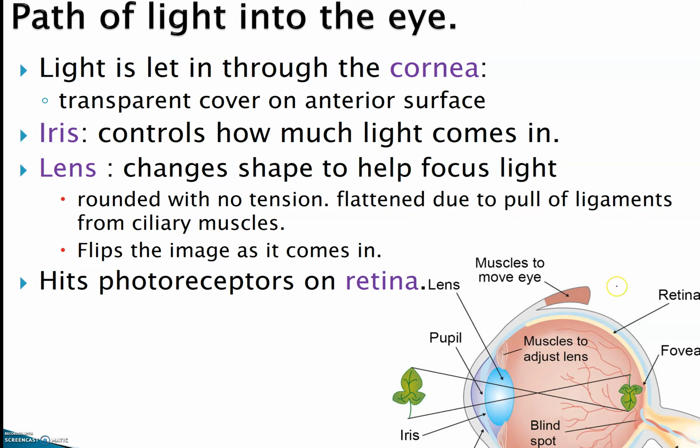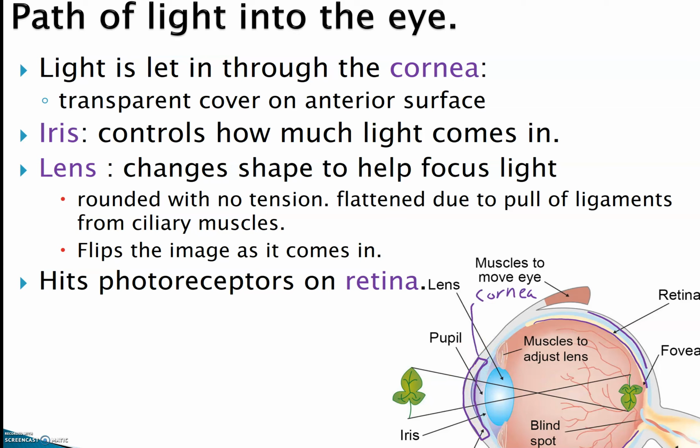We talked about the sclera being the tough outer part of the eye here. And we talked about the retina being where all the receptors are, as the inner layer, inside there. And we talked about how the cornea is this clear, transparent part on the anterior sixth or eighth of the eye.